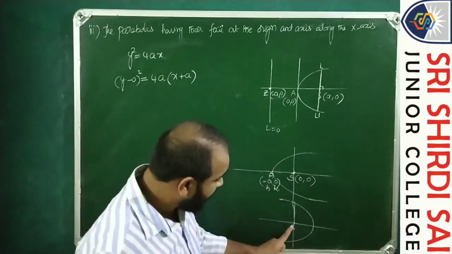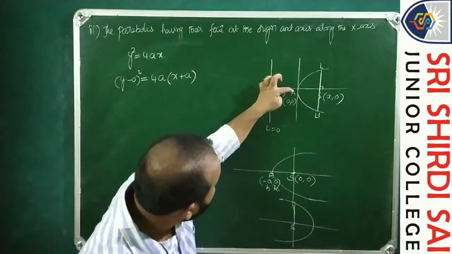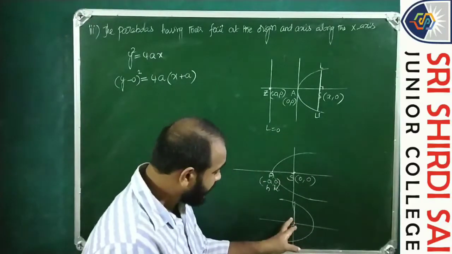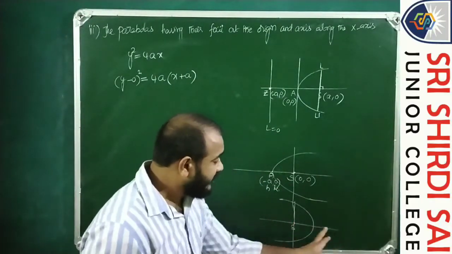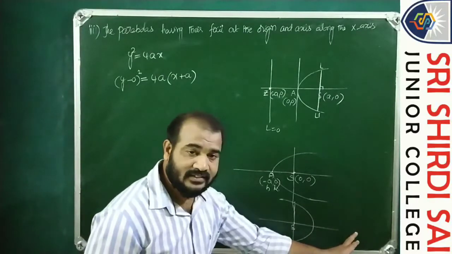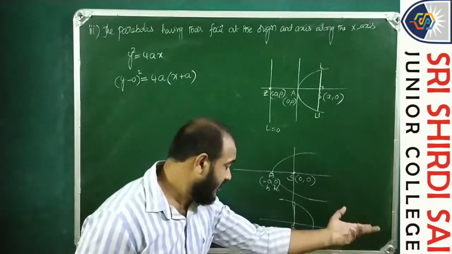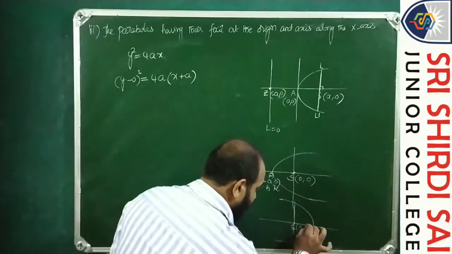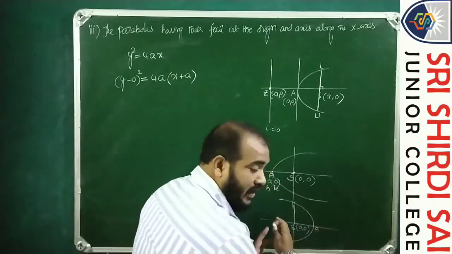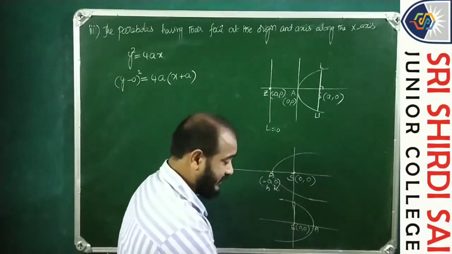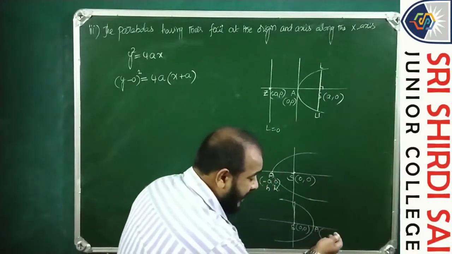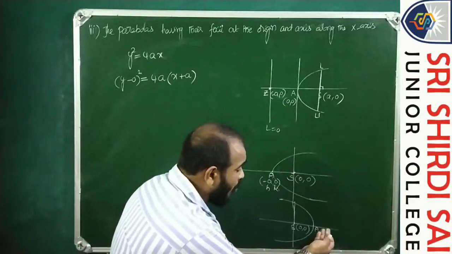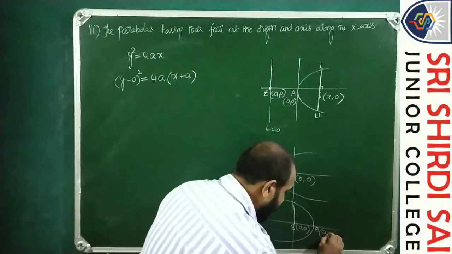So still the focus is at the origin only, but the axis is still along the x-axis. So the parabola could be like this also. Now this is 0, 0. So now the vertex is situated on the right hand side of the y-axis. It is on the x-axis, where the y coordinate is 0. Therefore this is (a, 0).